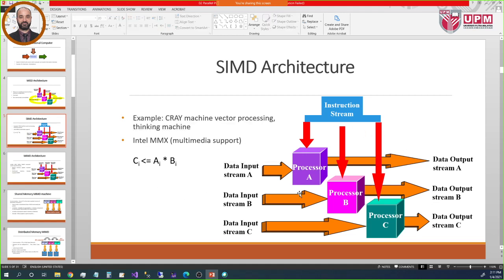Here, multiple data is given to multiple processors, but all processors apply the same instruction stream. This is not practical, which is why you cannot find it in real life.